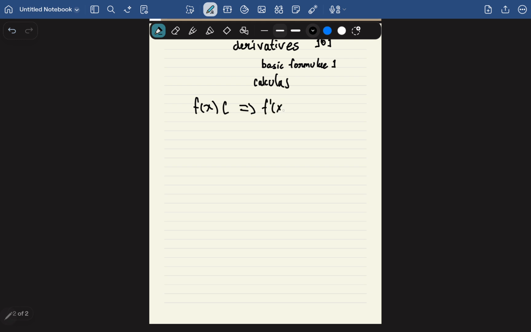So let me give you an example: f of x equals phi, so the derivative is 0. Okay, so you learned the first formula.